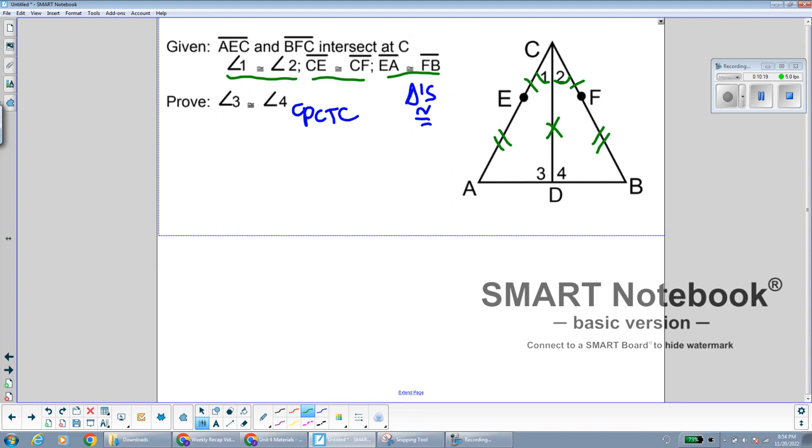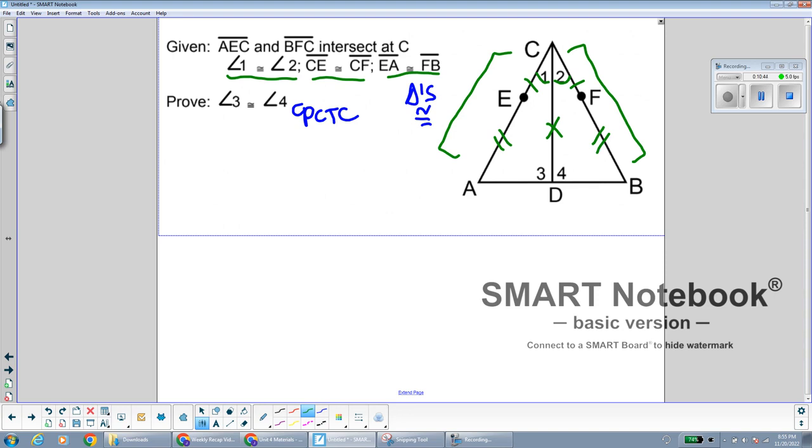Right now, we know that this part CE of this side is congruent to CF and that EA is congruent to FB, but we don't have the full side CA congruent to the full side CB. But if we have the pieces, we can definitely put them together using the addition postulate. When we have information that's too small and we need to make it bigger, that sounds like the addition postulate.